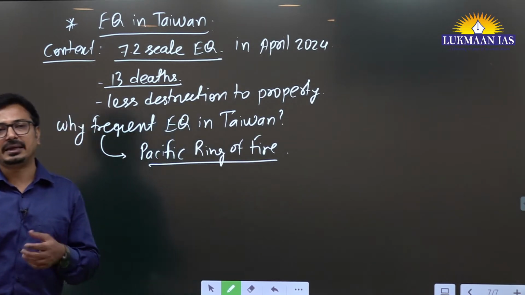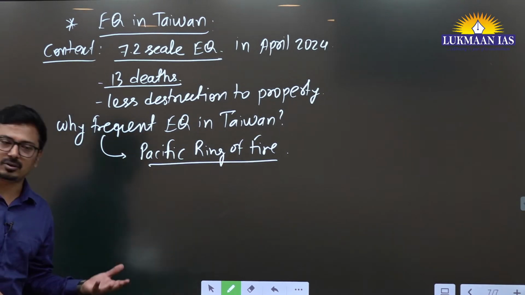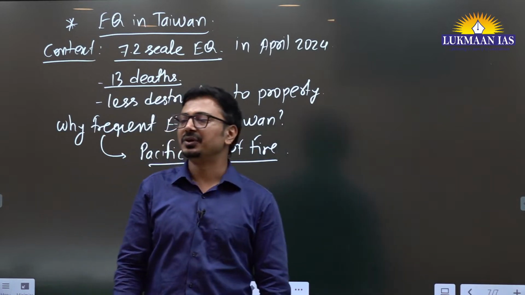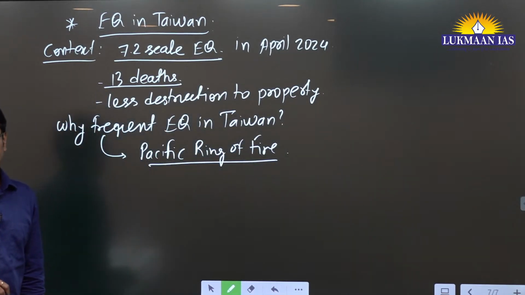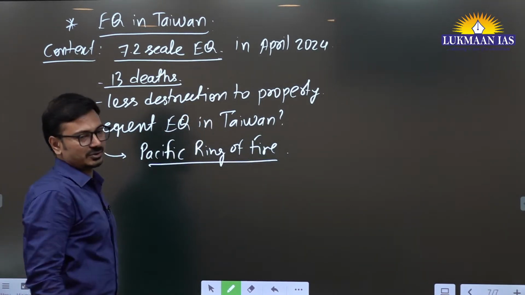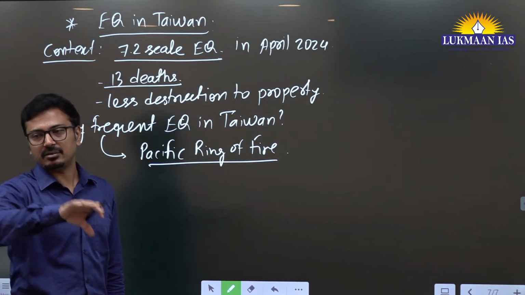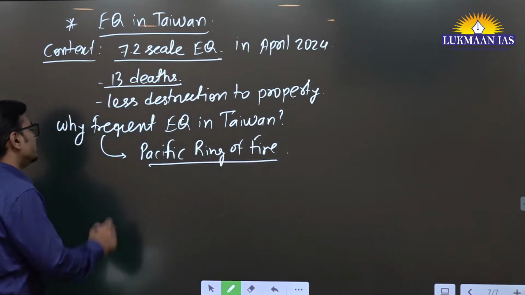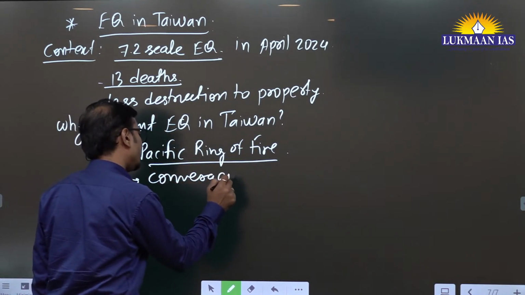So because of that there is convergence, ocean and continental plates, and there is continuous tectonic activity happening in that region. So earthquakes are common in the convergence zone, plate boundary areas, plate margins. So we can say convergent plate boundary.